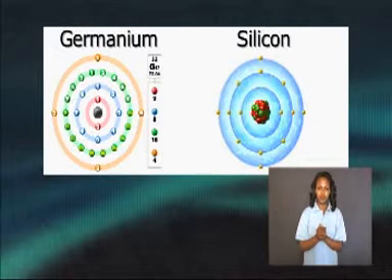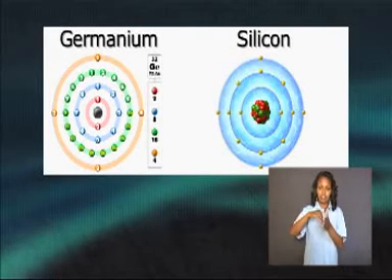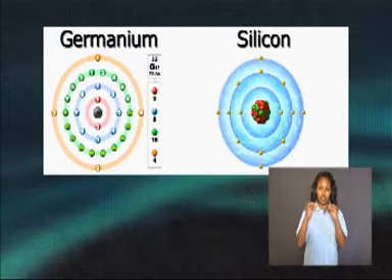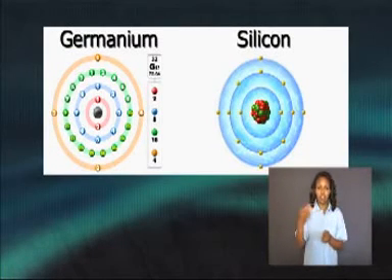They have an intermediate magnitude between that of a conductor and an insulator. So are materials such as lead sulfide, selenium, and gallium arsenide.